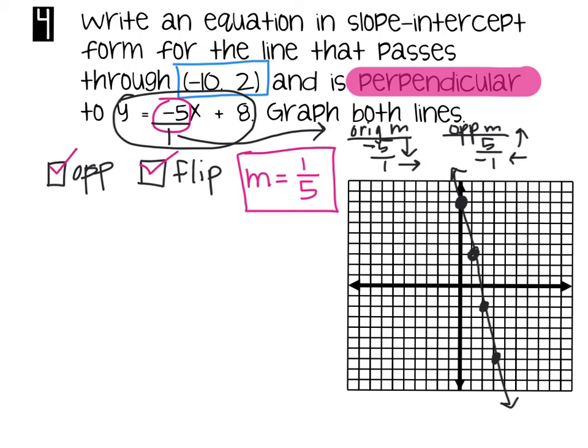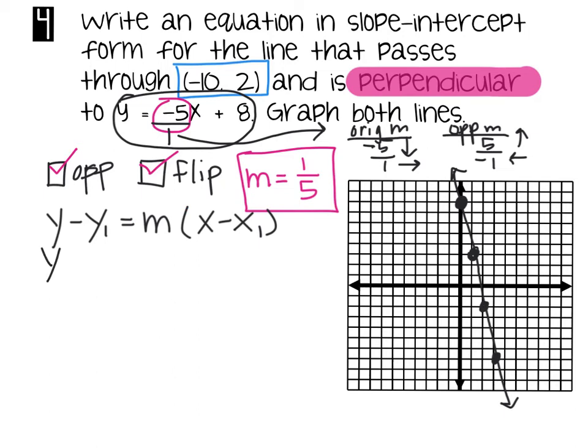I'm going to go to my point slope form. Just write the formula so that I can go through and replace exactly what I need to replace. I know that I'm going to have to take my y coordinate and put it where the y sub 1 is, my x coordinate, put it where x sub 1 is, and the slope that I've developed and put it where the m is.